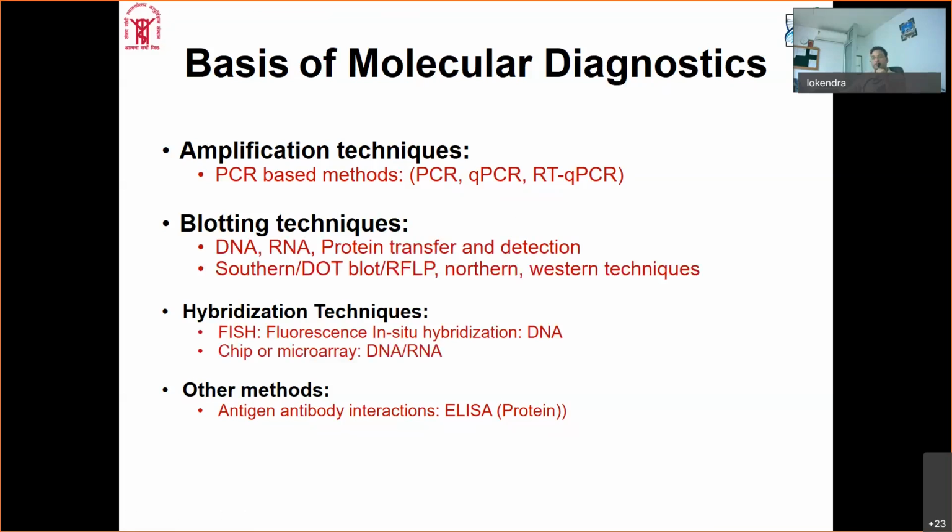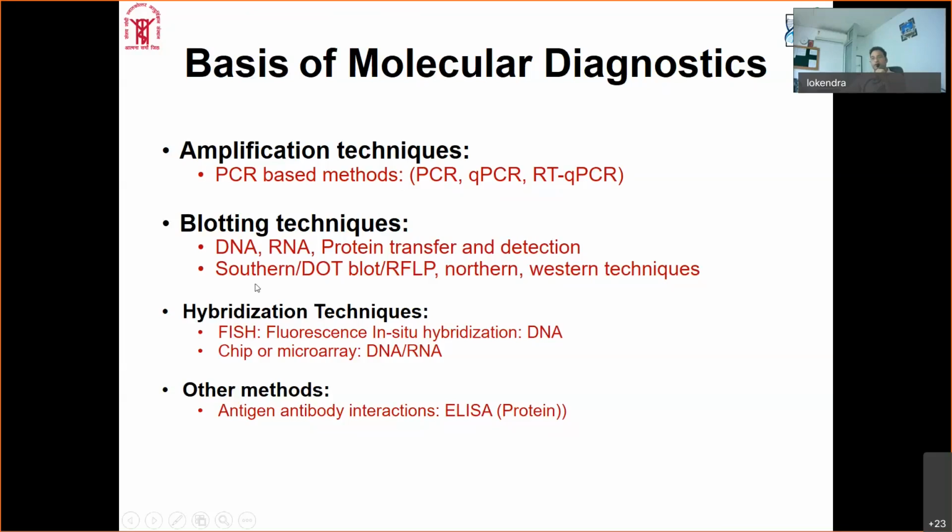The second aspect is the blotting technique, in which we first take DNA, RNA, or protein and transfer it to a semi-solid or solid support in the form of membranes or adhesive matrix, and then eventually you detect it by using specific antibodies or specific probes.